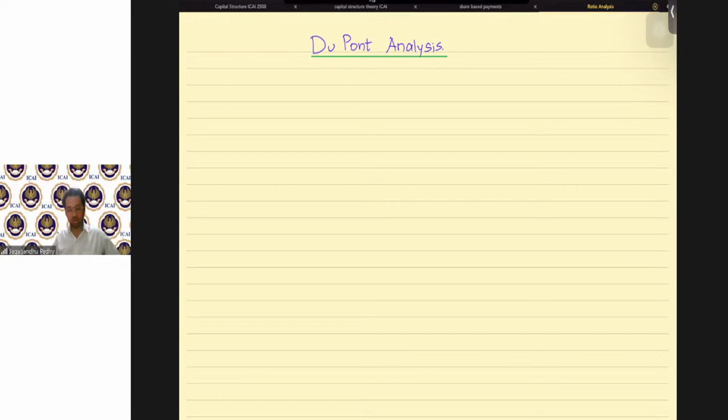It's a chart, basically the Dupont chart, which helps us go into detail about what the company is doing.